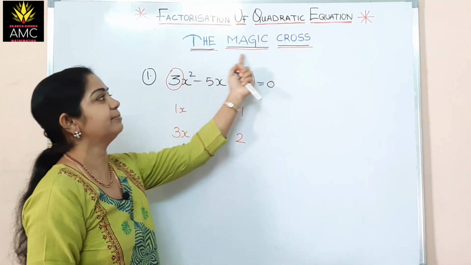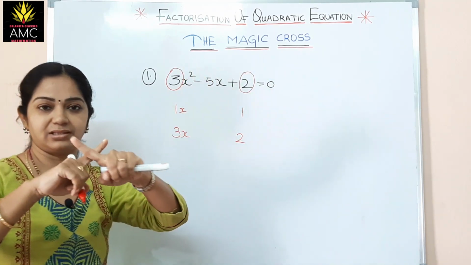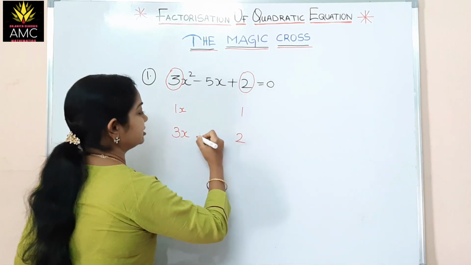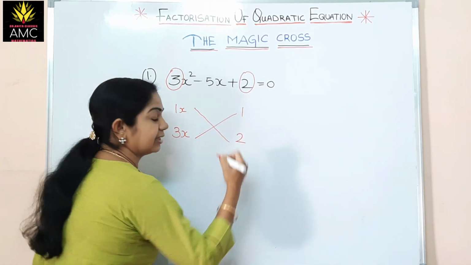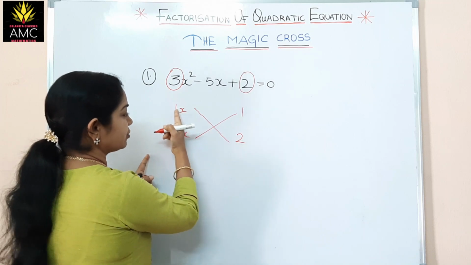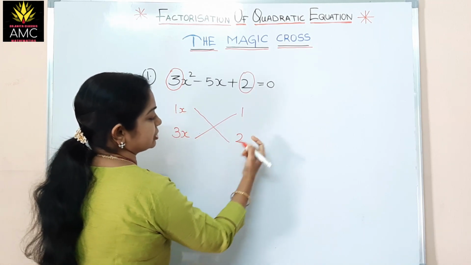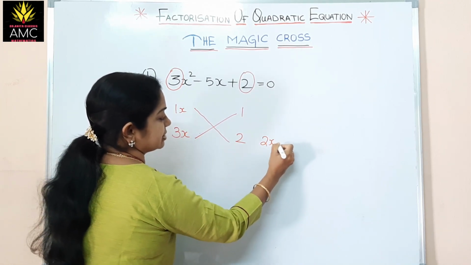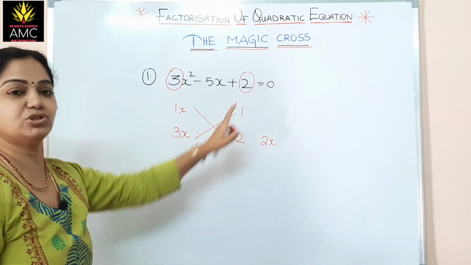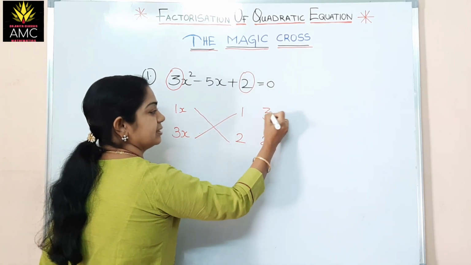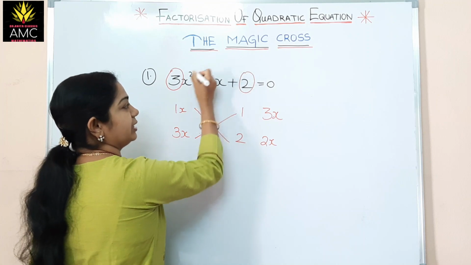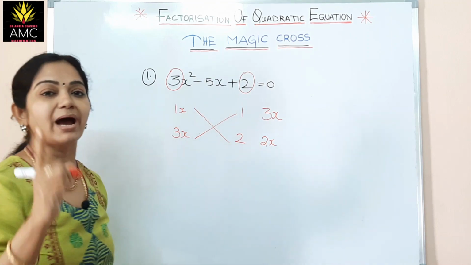Now I'll apply the magic cross method, right. Here, just cross multiplying: 1x into 2 comes to 2x, isn't it? And 3x into 1 comes to 3x. And what do we have in between? The middle term is minus 5x.